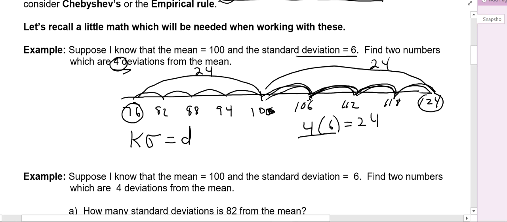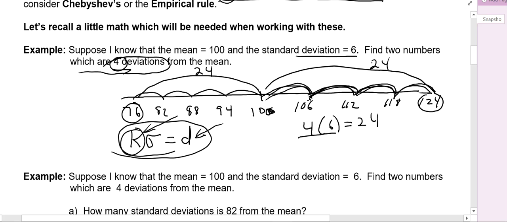So the relationship between standard deviation and distance in terms of the number of standard deviations is K sigma equal to D. I'll tell you right now, basically you're going to either be finding K or you'll be finding D. You will always be given sigma. So that's really the important relationship that I want to stress here. You're going to be working between these two numbers, K and D, either getting K or getting D.